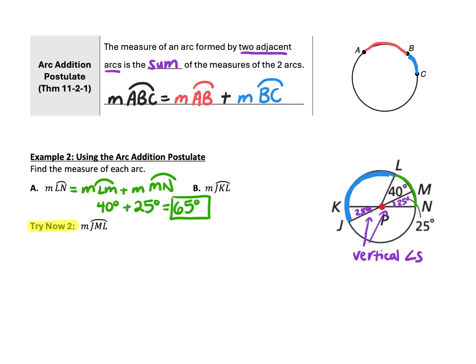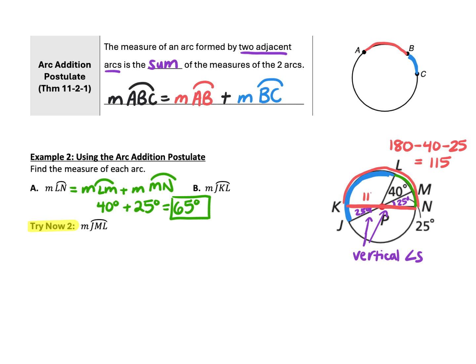Now, another thing you can look for is semicircles. We know that semicircles are 180 degrees. And if I check out this diameter right here, the full semicircle here has to be 180. And if we subtract that 40 and 25 from that, you'll end up with 115.